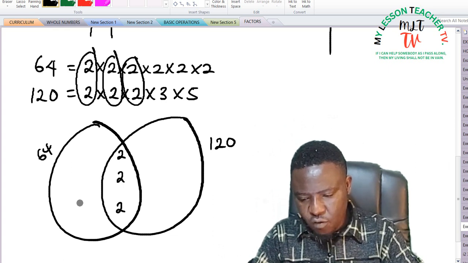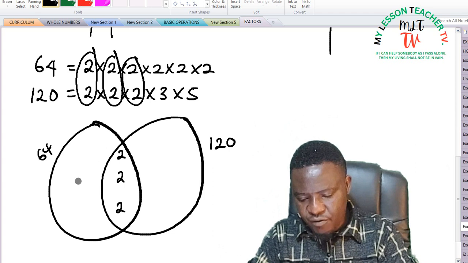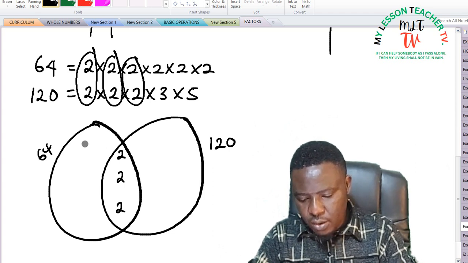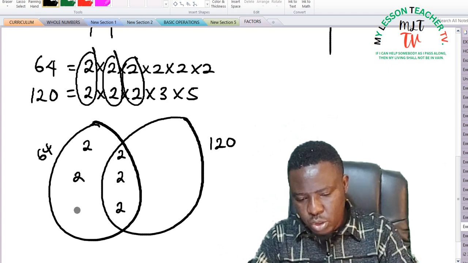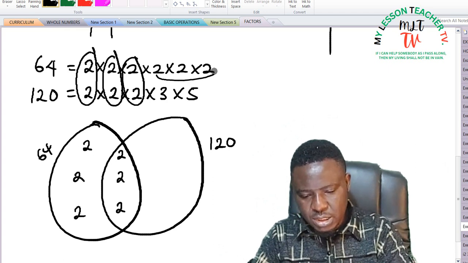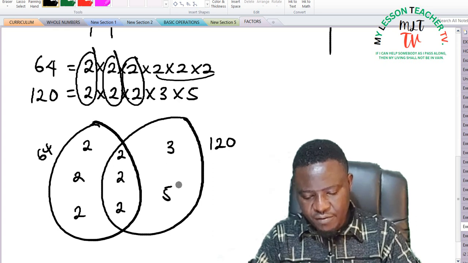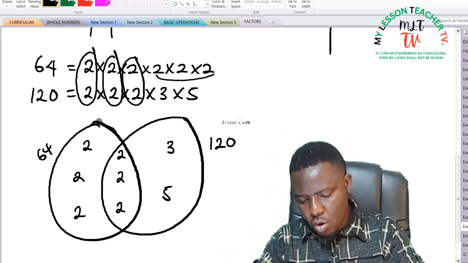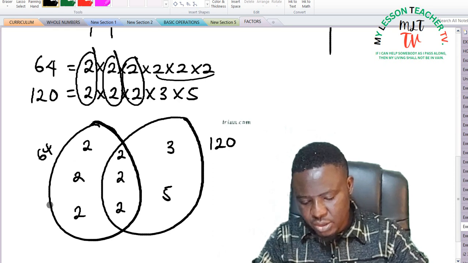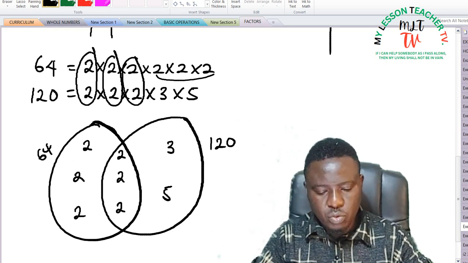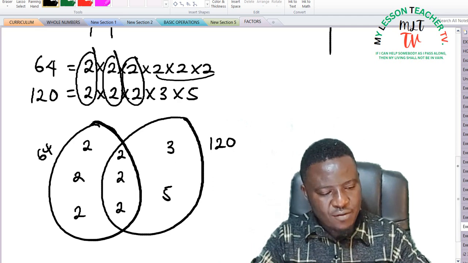And for 64, those prime factors that are not in the overlap will appear here. So we have 2, 2, 2, that is this 2, and we have 3 and 5. So when you multiply all the digits that appear on 64, it gives you 64. And when you do the same to those under 120, you arrive at 120.